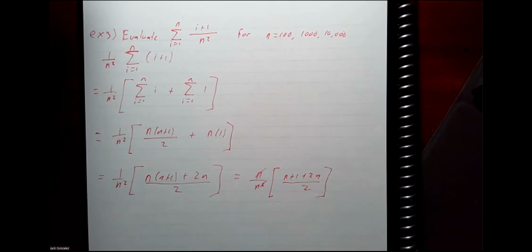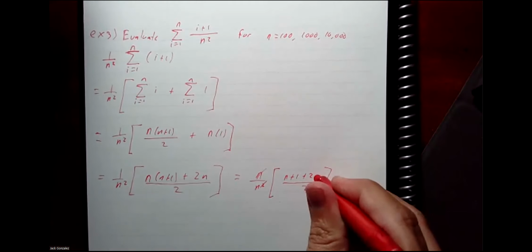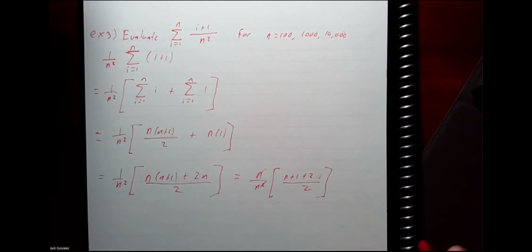These will combine, so you're gonna have, oops. No, that's fine. That's good. This should be a 2 though. Yeah. So you'll get 1 over n times n plus 3 over 2.